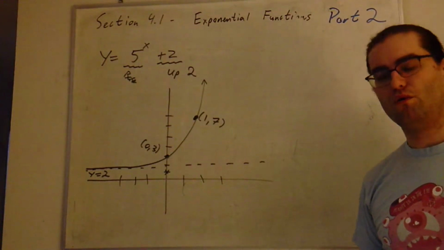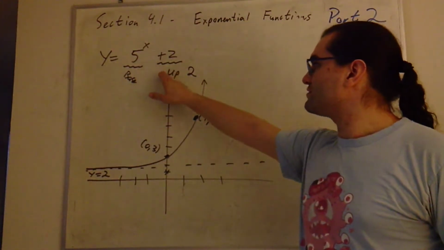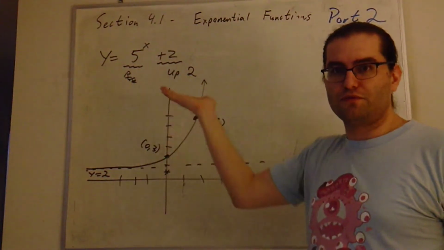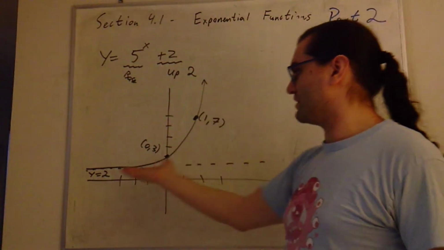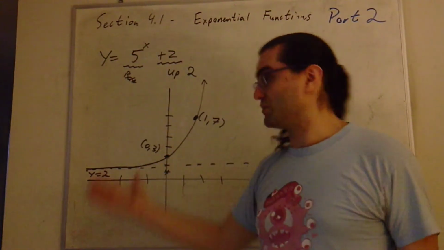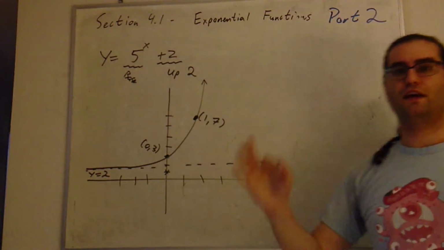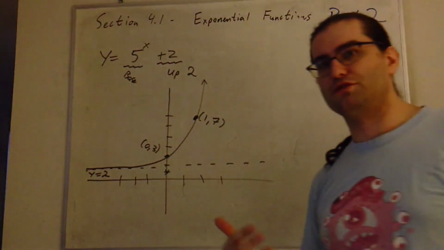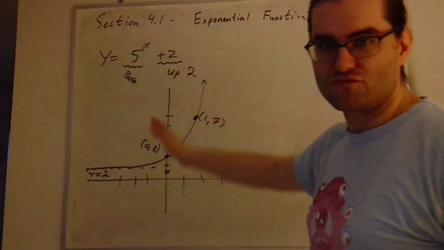The goal, hopefully, is you get so comfortable with the idea of this transformation being a shift up 2 units, and you're already so comfortable with the idea of an exponential function having this shape, that you just draw the shape with this transformation. Ultimately, by the end of this, we want to be skipping the part where we're doing tables. We want to just look at the transformations and draw the graph.